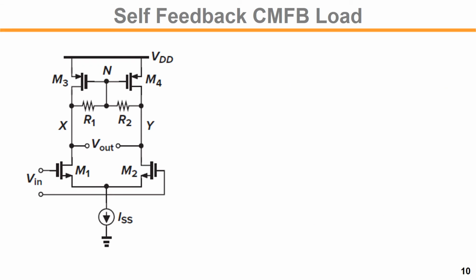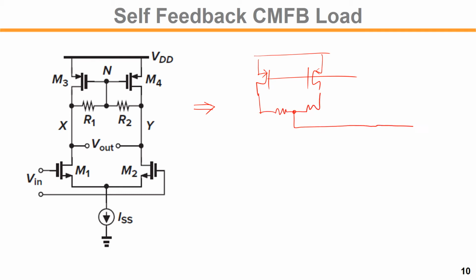To separate the output biasing level and the swing limitation issue, we can change the biasing like this. Take out the common mode voltage, use an amplifier, and compare it with the output reference voltage.